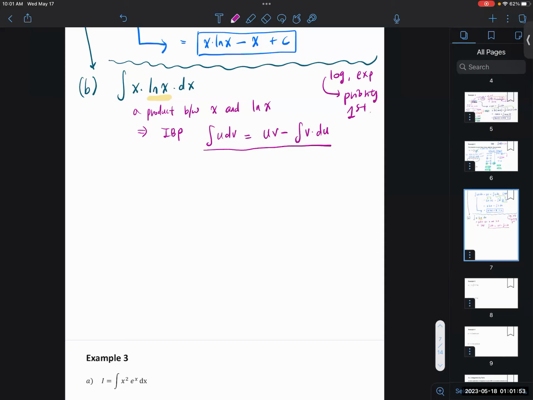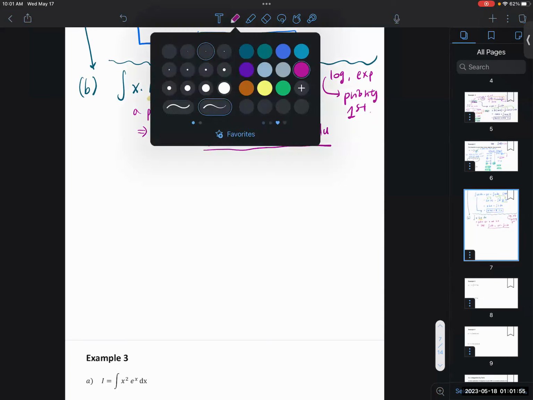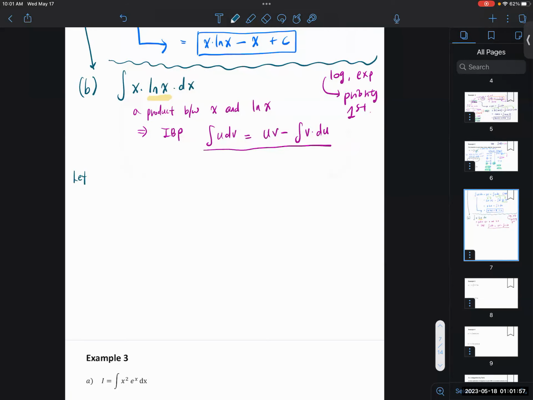So let the first function, your u, be ln x because it has priority. Your second function is actually a g prime already, so it's going to be x times dx. That's a v prime, which is x dx.